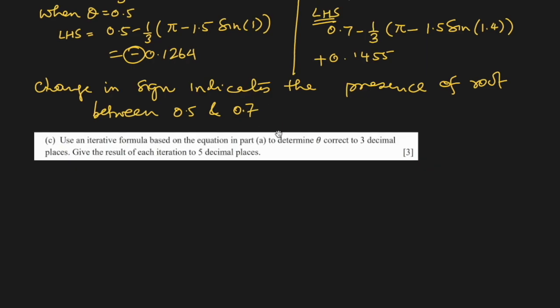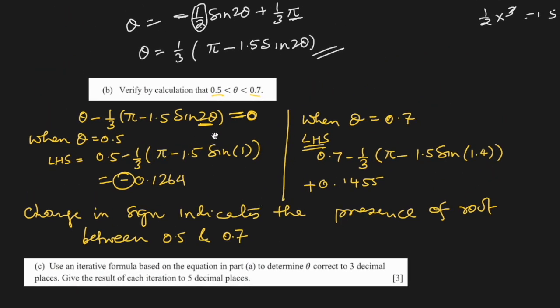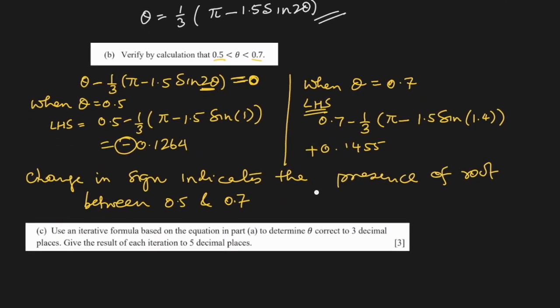So the equation was theta equal to 1/3 pi minus 1.5 sine 2 theta. To make the iterative formula, the one on the left, which is isolated, we write as theta n plus 1, and the one on the inside is theta n.